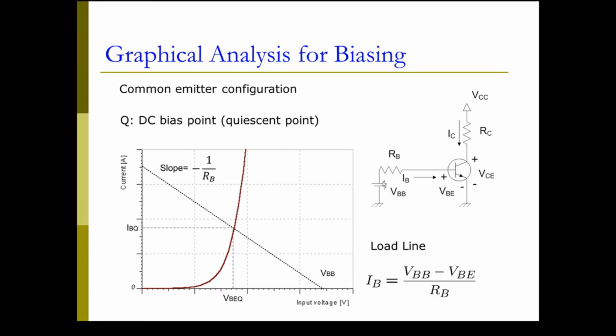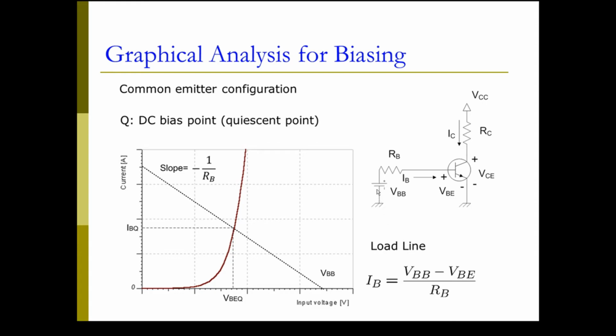We can apply a KVL from the biasing voltage and through this resistor, and then through the EBJ here. Now this loop, if we apply a KVL, we are going to get our load line equation.